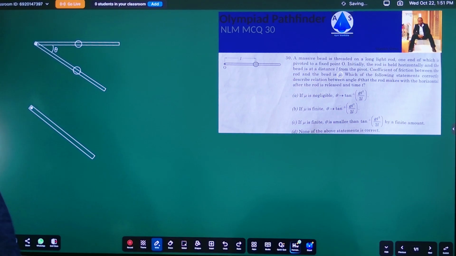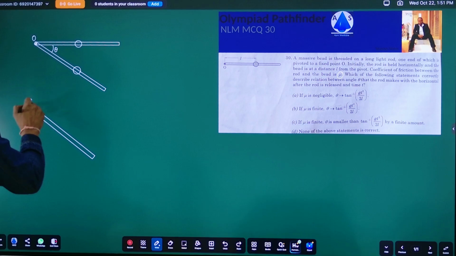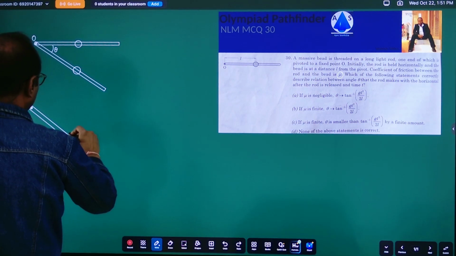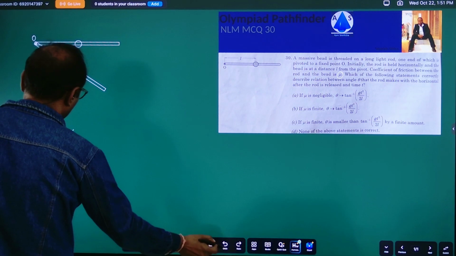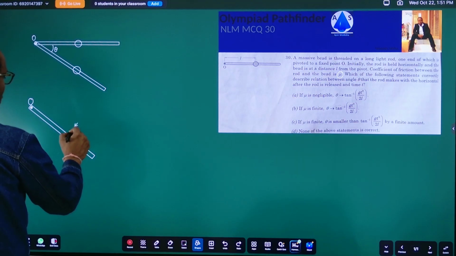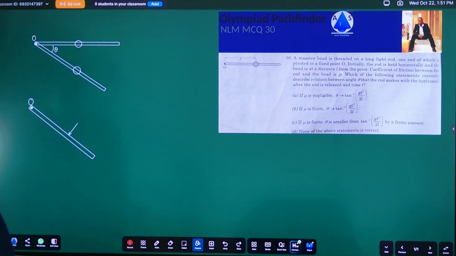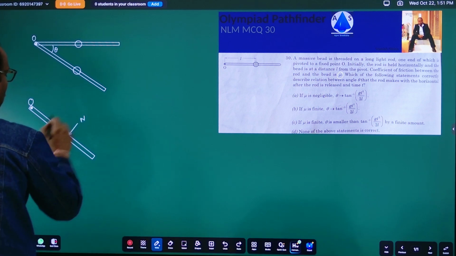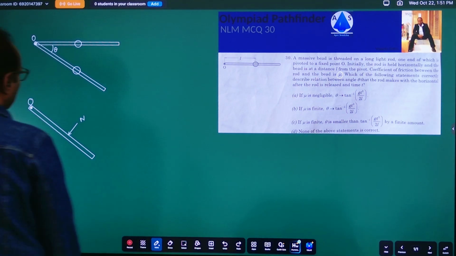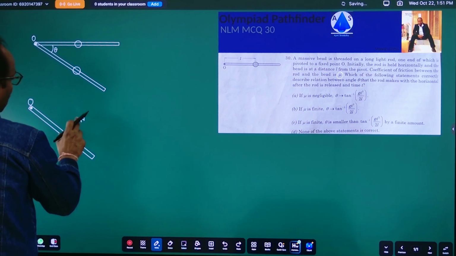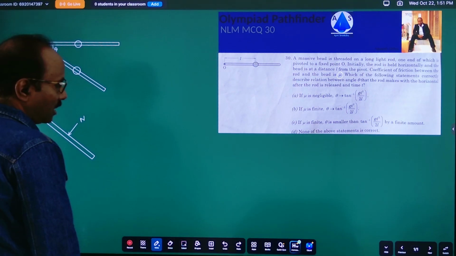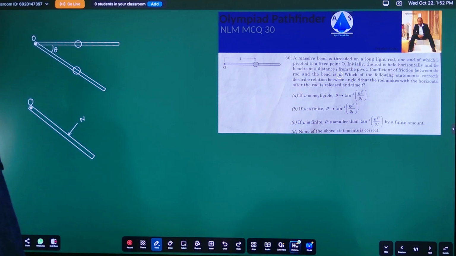This is the pivot point O. Because of the bead, it is exerting a normal force on the rod. This normal force will create a torque about O.